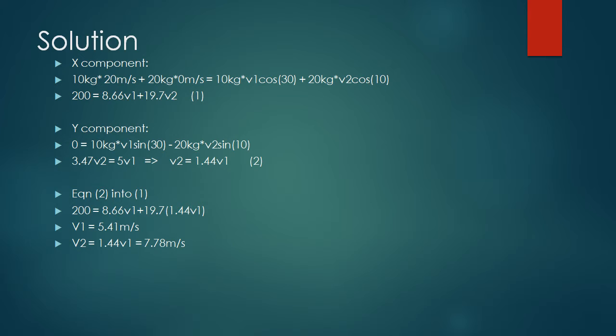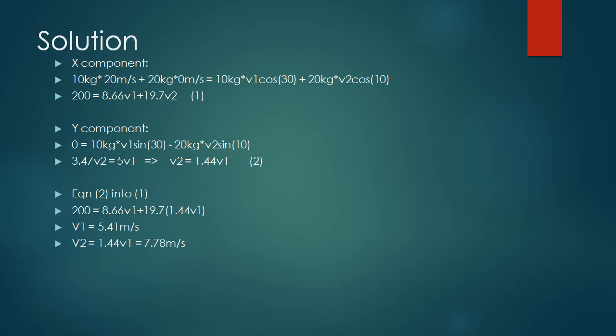If we isolate in terms of V2, we get V2 = 1.44 V1, which is equation 2.